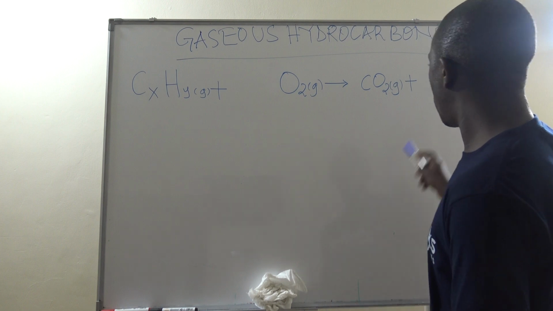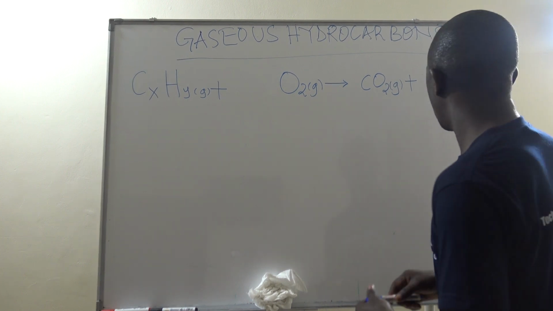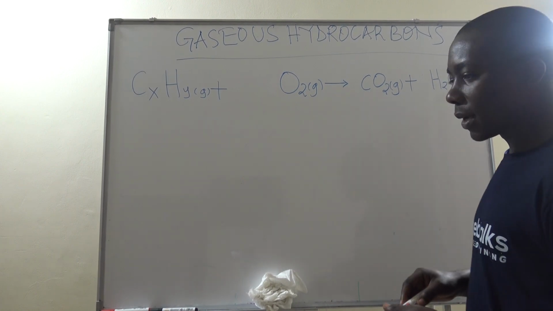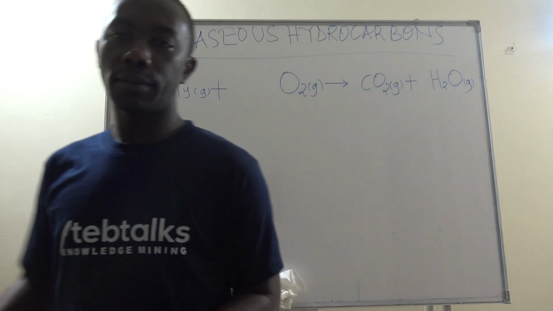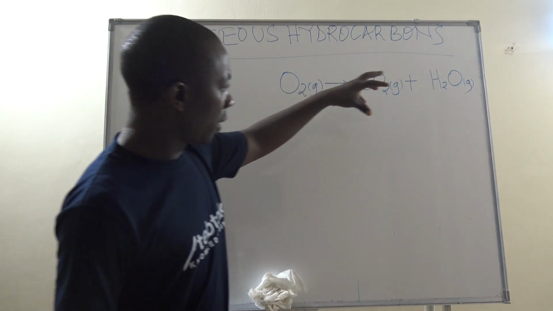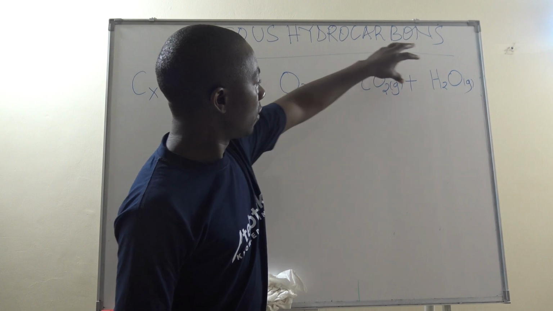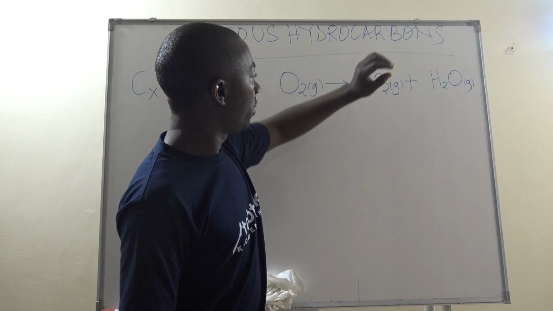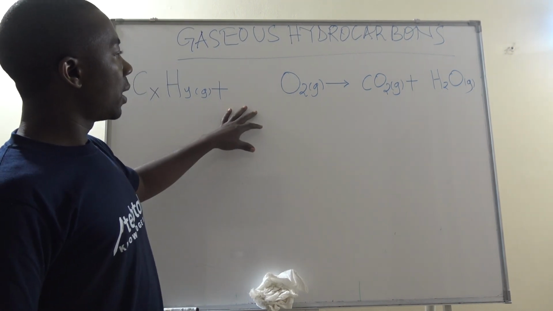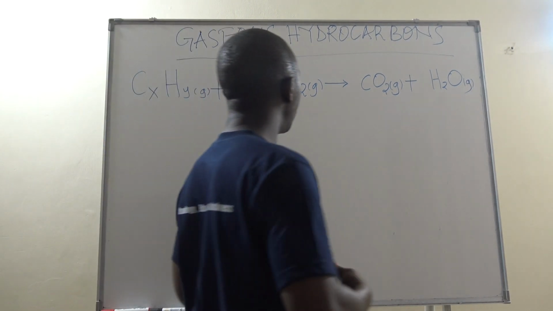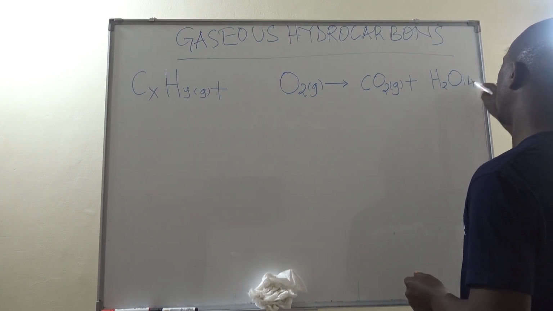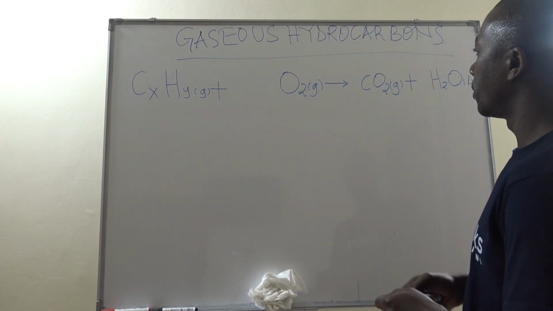But the water doesn't come out as a liquid, it comes out as a gas. After it comes out as a gas, we condense. It is easy to condense water into liquid, but carbon dioxide still remains in gaseous state. So look at this reaction after we have condensed and remained with the liquid water. That's why I call it a liquid.